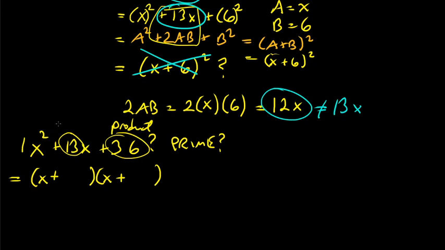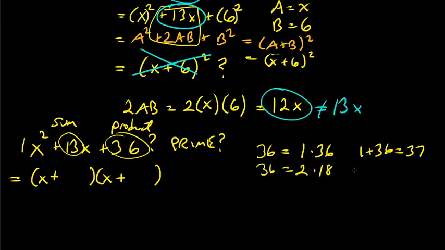So what two numbers multiply to 36 and add to 13? Okay, so let's go through the list here. 1 times 36 is 36. 1 plus 36 is 37, which is not 13. You could do 2 times 18 is 36. 2 plus 18 is 20, which is not 13.